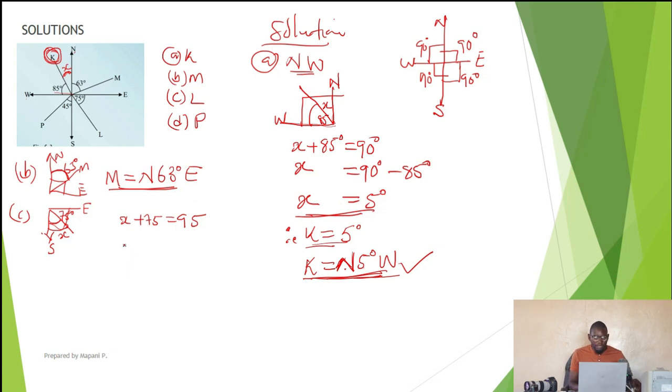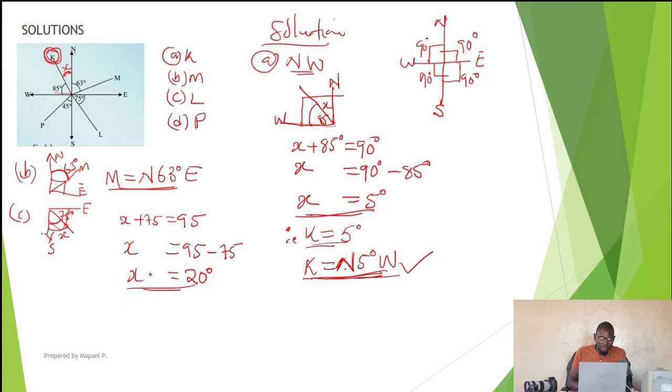So x, like terms again, you have to take the 75 to the other side so that you have 95 minus 75. You're going to have 20 degrees.